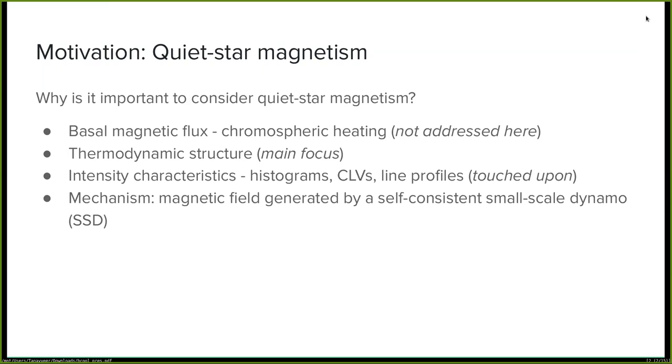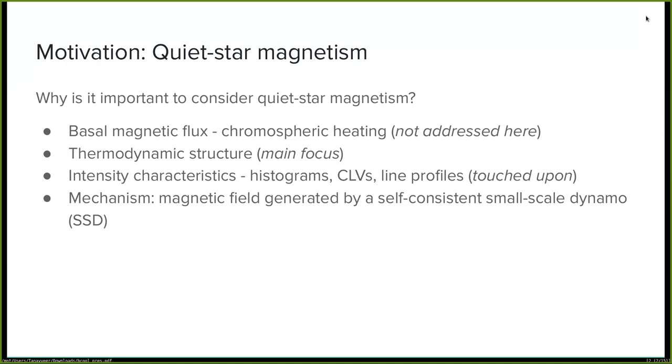It could also conceivably affect the thermodynamic structure, which is the main focus of my talk. As a result, it could also affect the intensity characteristics: histograms, center-to-limb variations, line profiles, etc. I would briefly touch upon them, and these are topics for further research along our project.